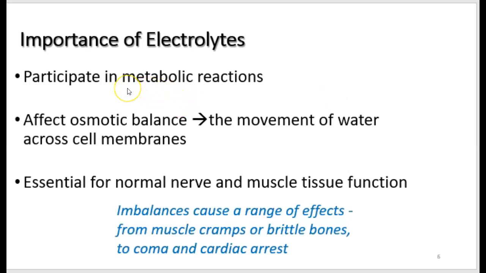They participate in metabolic reactions. They affect your osmotic balance or your hydration status because they affect how water moves across cell membranes. Electrolytes are also really important for normal nerve and muscle tissue function.